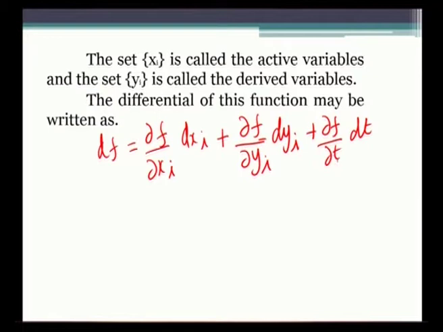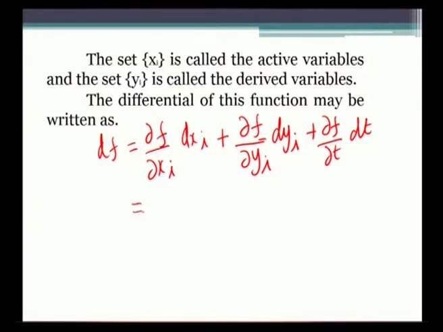Here t is a parameter. So, the differential of f is the sum of three components: the partial variation of f with respect to the active variable, with respect to the derived variable, and with respect to the parameter. This is how the differential of the function f can be written.